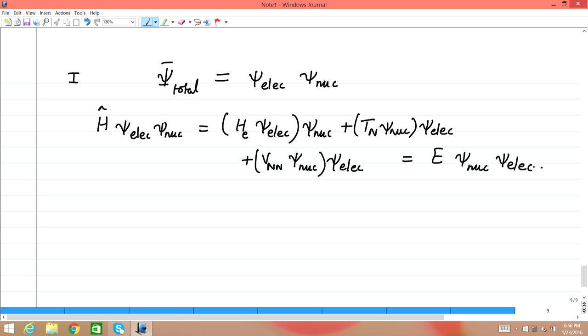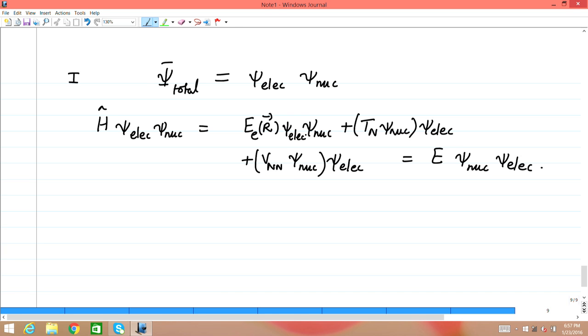And what we shall do is obviously replace this by E, which is a function of the nuclear coordinates, all of them, psi electronic.